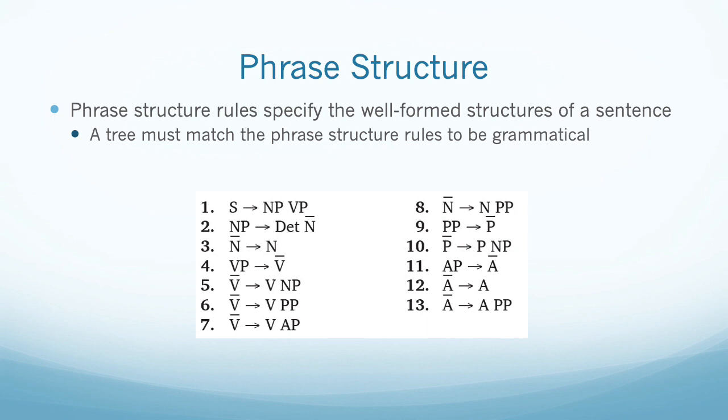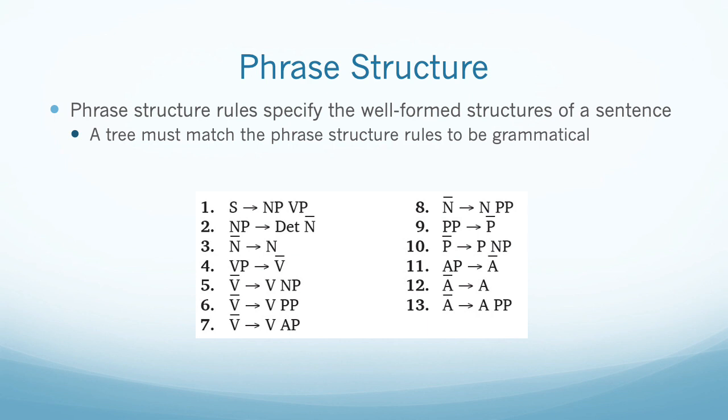So here we have some of the phrase structure rules. Number 1, S standing for sentence, can contain a noun phrase and a verb phrase. In fact, it has to contain a noun phrase and a verb phrase at least. A noun phrase can contain a determiner and a noun, although remember that determiner is optional, grammatically speaking.